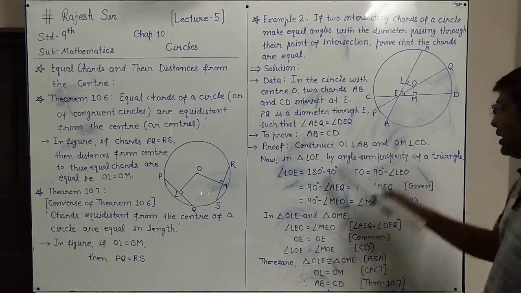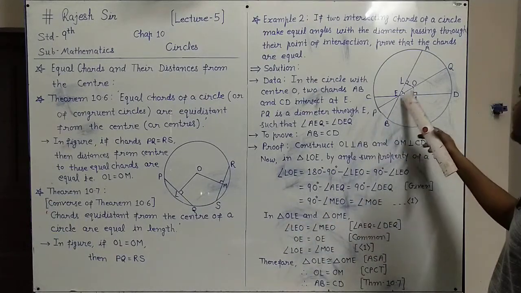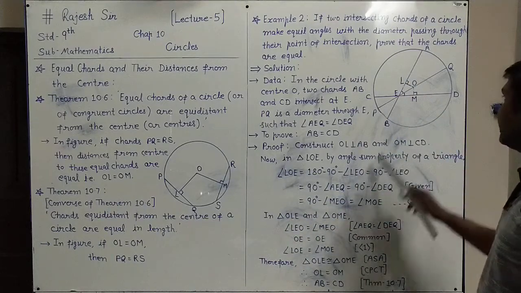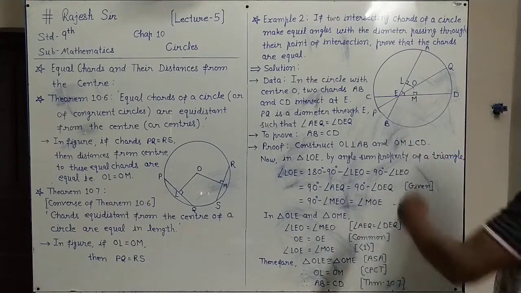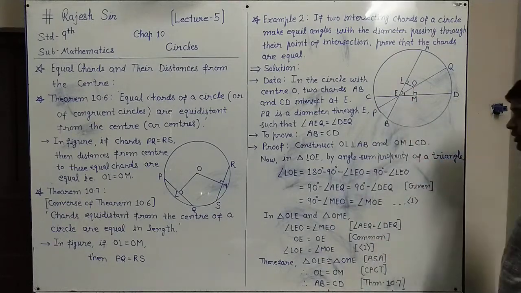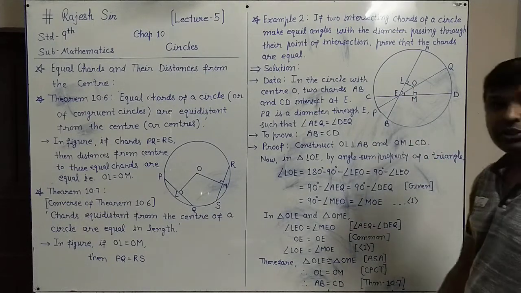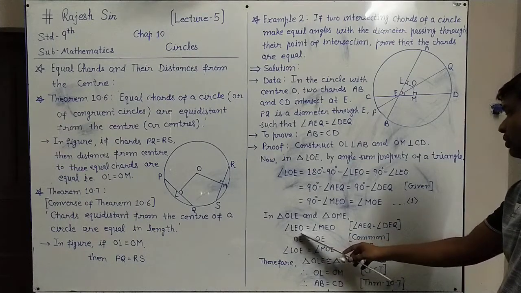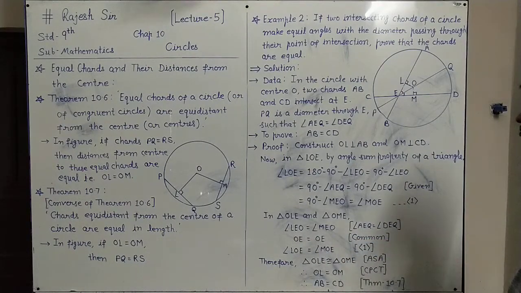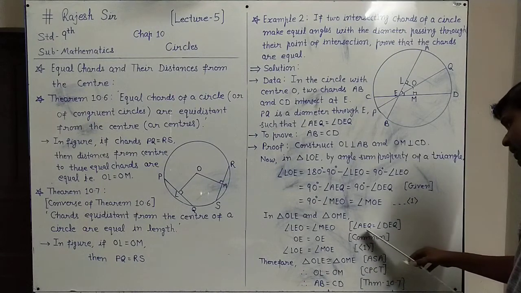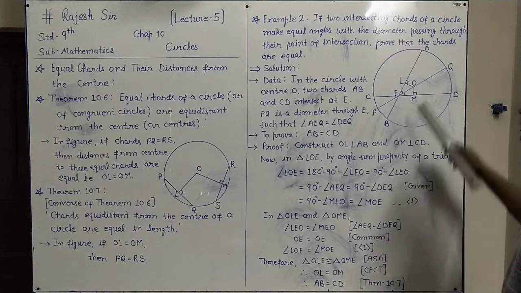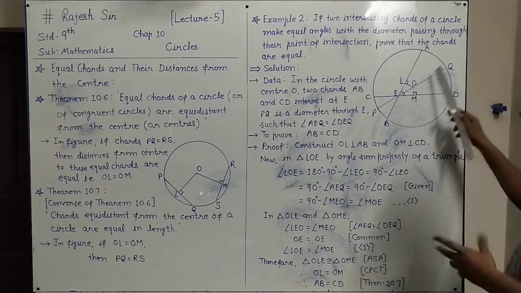Now we take the two triangles here to compare. As you can see here, one triangle is OLE and the other triangle is OME. This triangle and this triangle. We will make the list of equal things here. The first is angle LEO equals angle MEO. Why? Because angle AEQ equals DEQ is given.